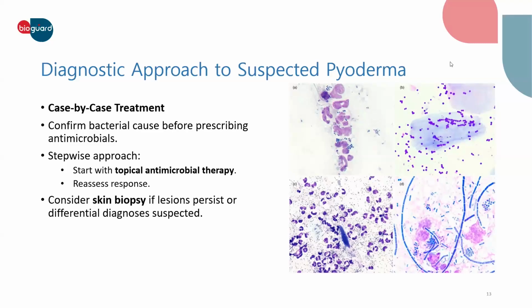And the upper right, B, you can see a large number of cocci without neutrophils from a dog with bacterial overgrowth syndrome.